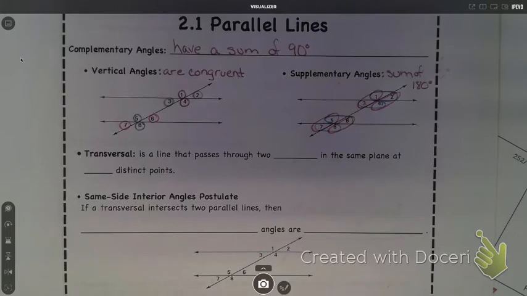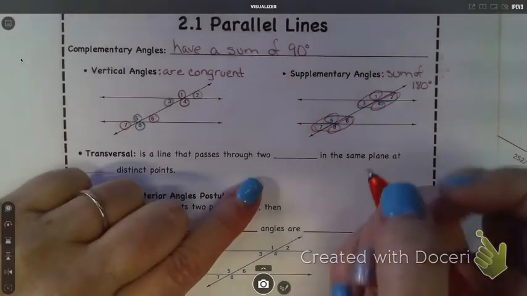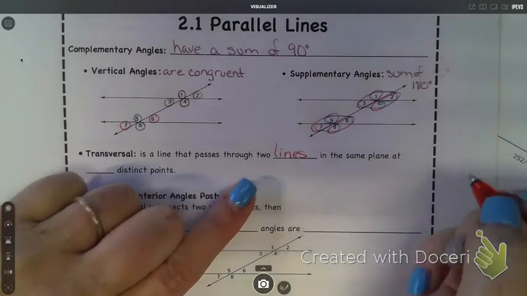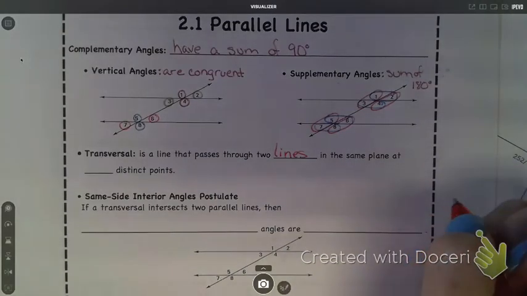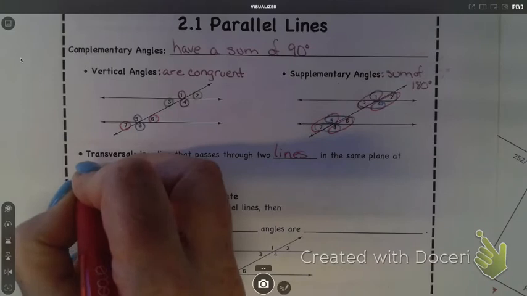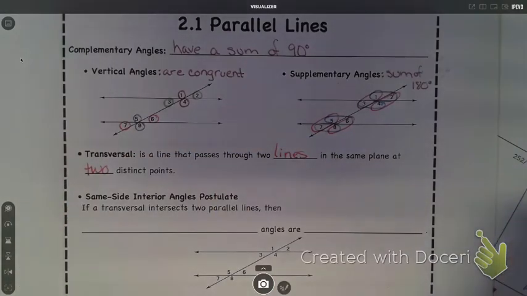Okay, so you need to know what a transversal is. A transversal is a line through 2 lines in the same plane at 2 distinct points.